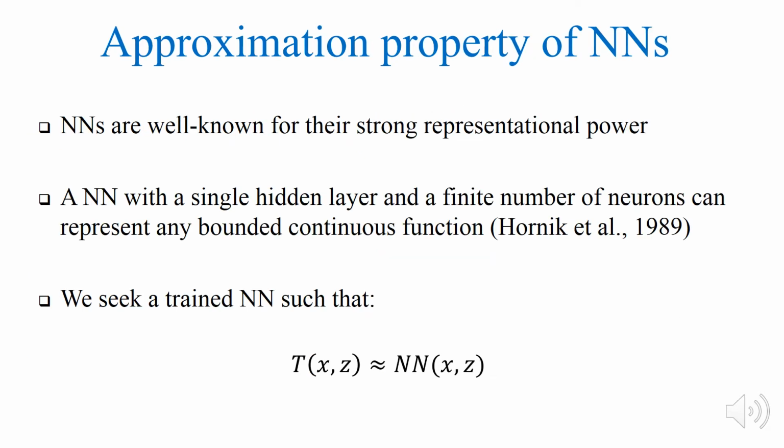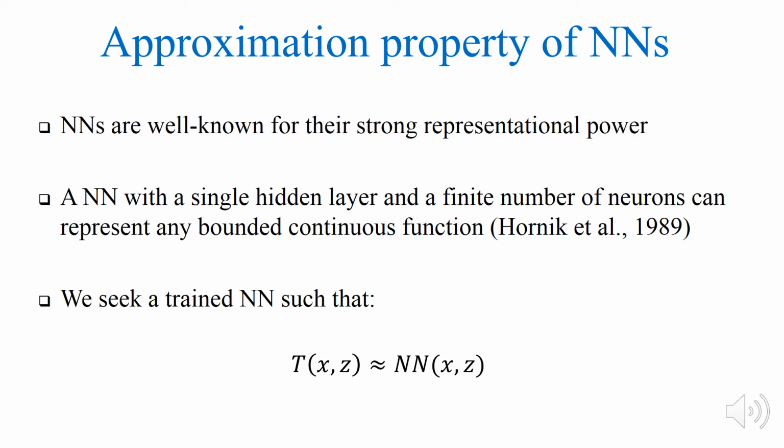All right, so how can neural networks be used really to solve a PDE? Essentially this boils down to the universal approximation theorem, which says that a neural network with a single hidden layer and a finite number of neurons can represent any bounded continuous function. While this is true in theory, in practice it is often hard to find the parameters, which are the weights and biases of a neural network, to approximate some complicated functions.